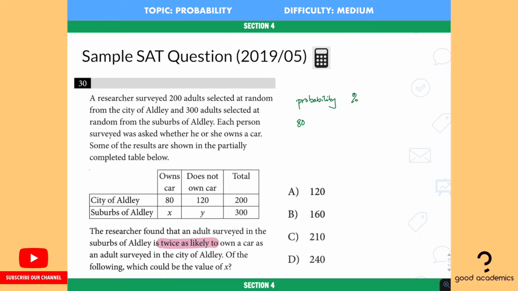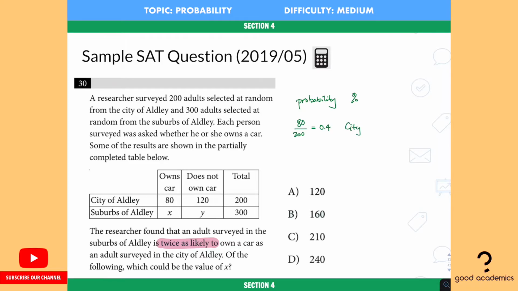So you have 80 over 200, which is equal to 0.4, or 40%, but we usually just use the decimal so that we can save the decimal switching in and out throughout the calculation. So the probability is 0.4 for the city.